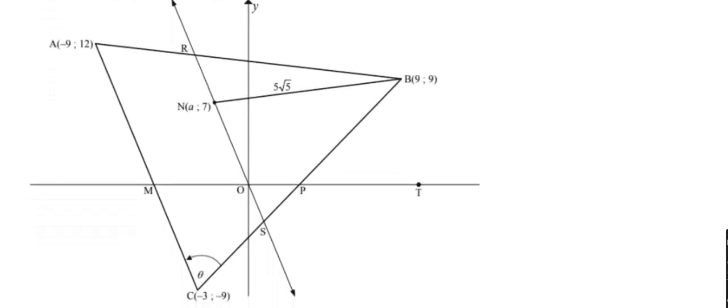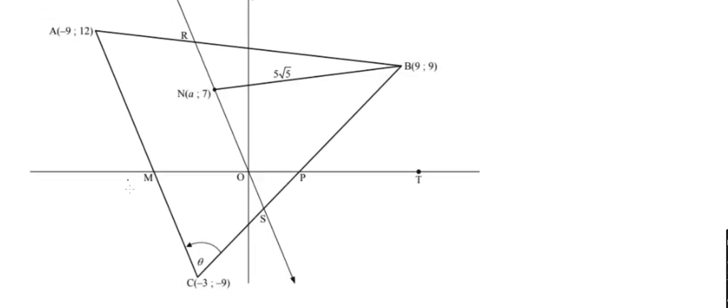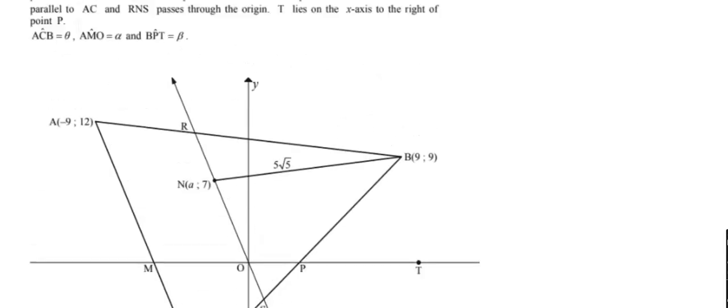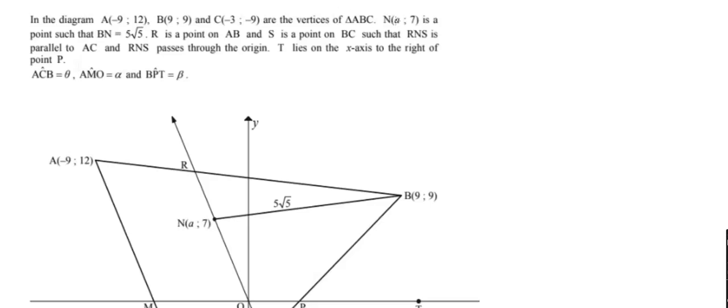Let's look at the triangle ABC here, A, B, and C. Now, they say N, which is this point right here, is a point such that BN is equal to 5√5. So the distance from B to N is going to be 5√5.